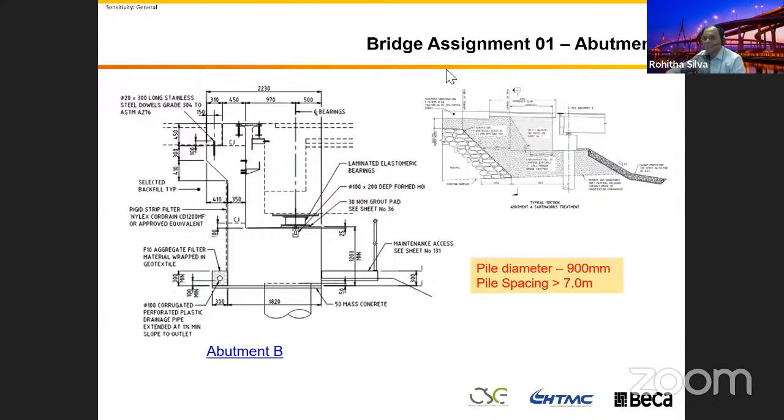Then, how are you going to get the abutment dimensions? Again, abutment dimensions, as I mentioned before, like the cross beam, are automatically dictated by the geometry itself. This end distance is 450, because you're going to have a finger plate joint here.